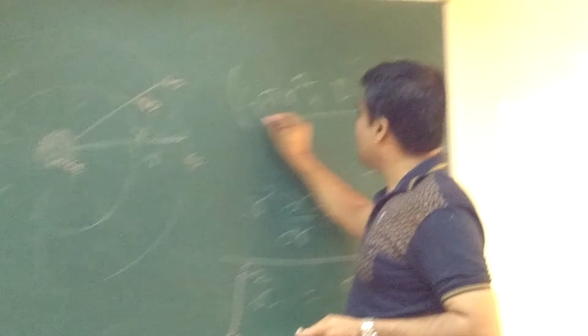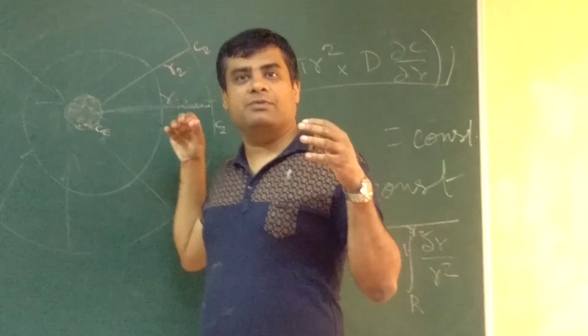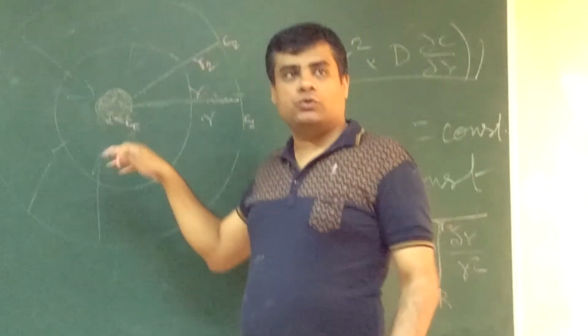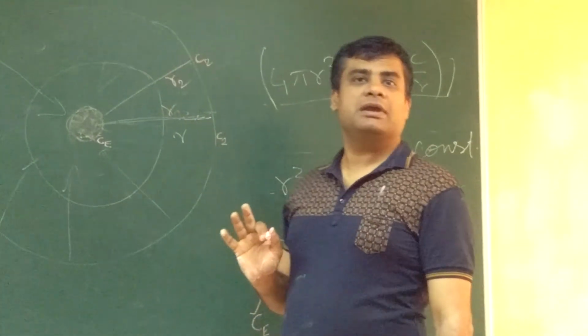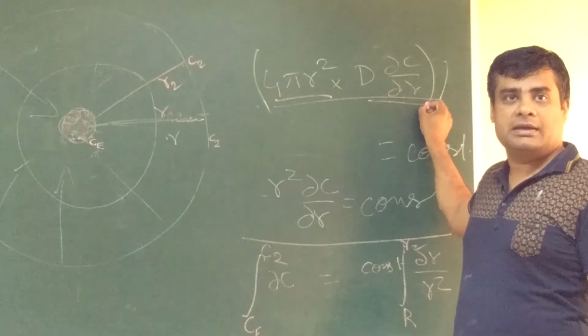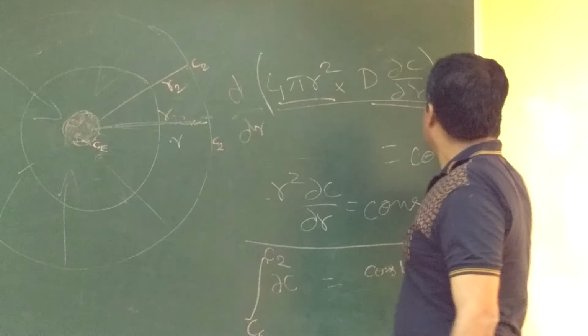So I am saying that if you take any spherical cell, the number of atoms per unit time diffusing inward towards the precipitate through the spherical cell area is constant. So area multiplied by the flux at that point, its d/dr is equal to 0.